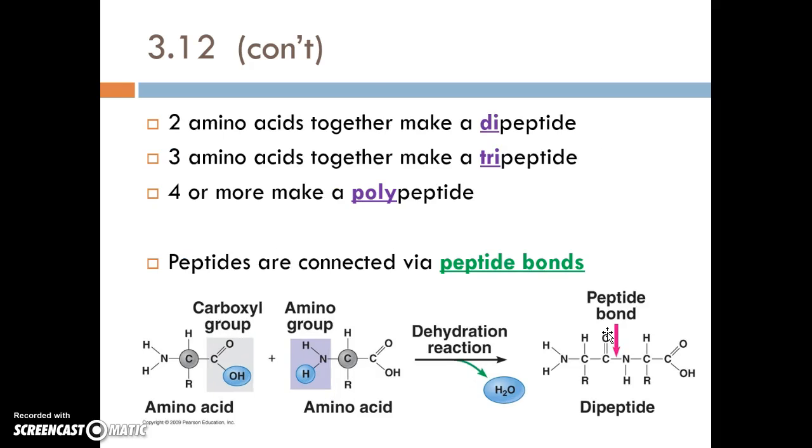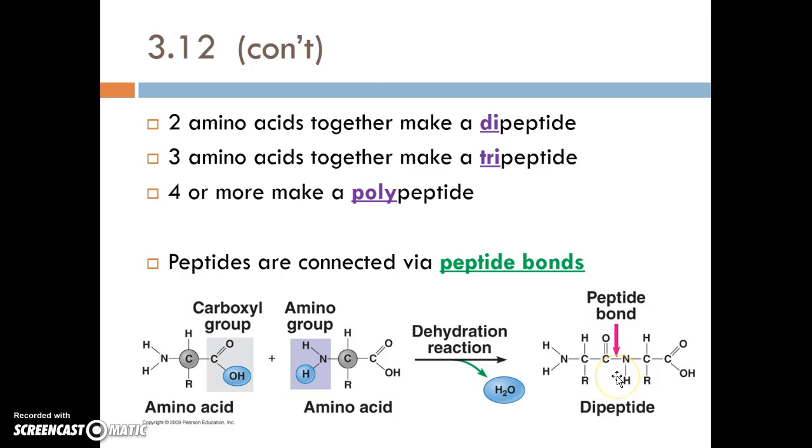We can do this with many, and there are dipeptides and tripeptides, but realistically every protein we're going to deal with is going to be thousands, if not millions, of amino acids long. So we're going to stick with the term polypeptide: many peptide bonds holding this protein together, or many amino acids being put together. You can see a lot of these reactions occur.